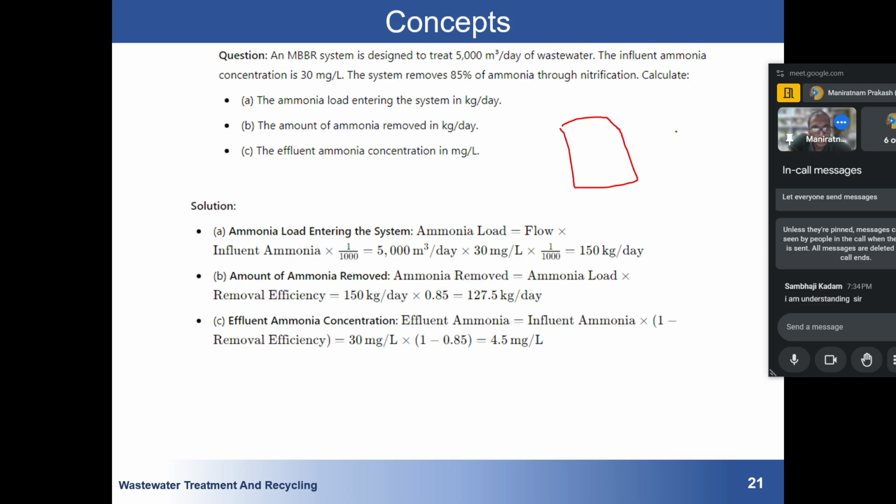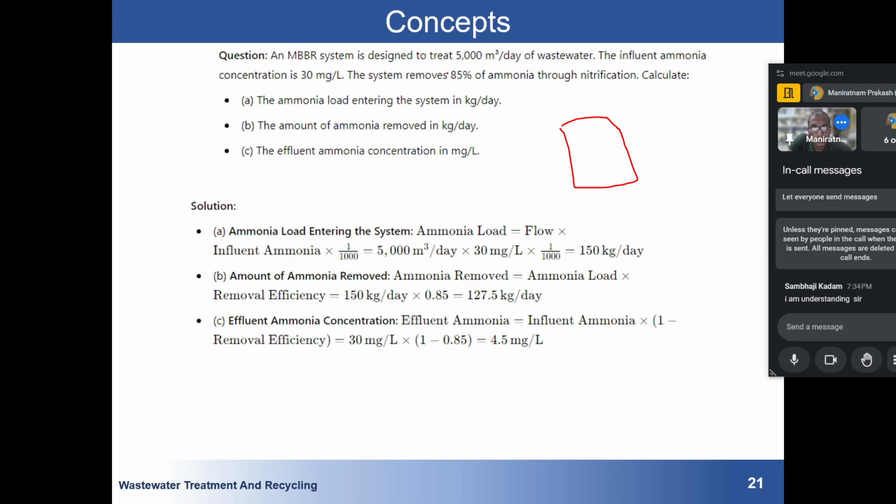So the first question will be that the treated wastewater which is going to be released, what is the purpose? What are they going to use it for? Will the treated wastewater be used for irrigational purpose or for drinking purpose? Depending upon that, this system will be designed.